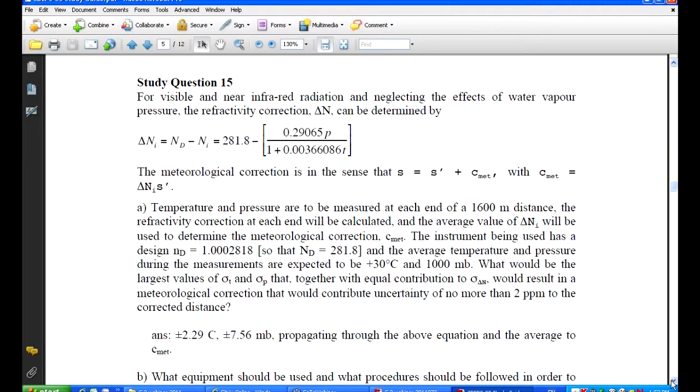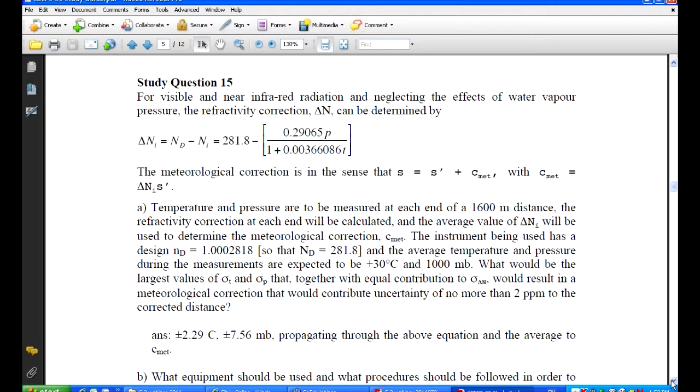And you'll notice again, this is the one that was reflected very often in the exam formulas, where N sub D is the design refractivity, N sub I is the actual refractivity. And you'll notice that when you evaluate that at standard pressure, it becomes 0.